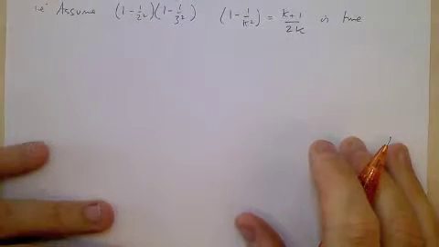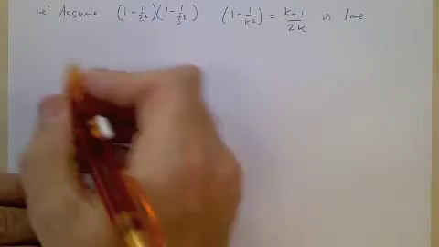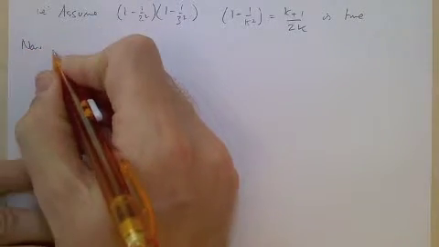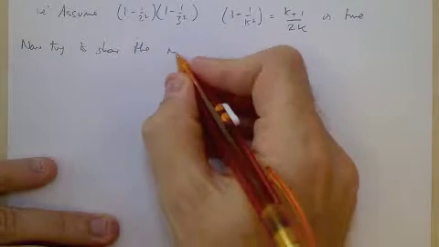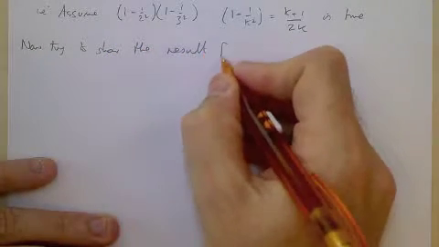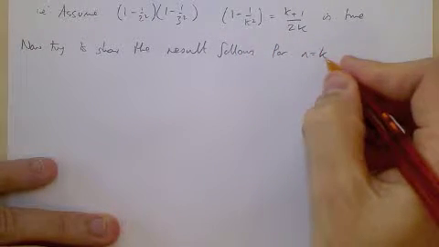What I then need to try and do is show the result follows for n is k plus 1. So now try to show the result follows for n is k plus 1.